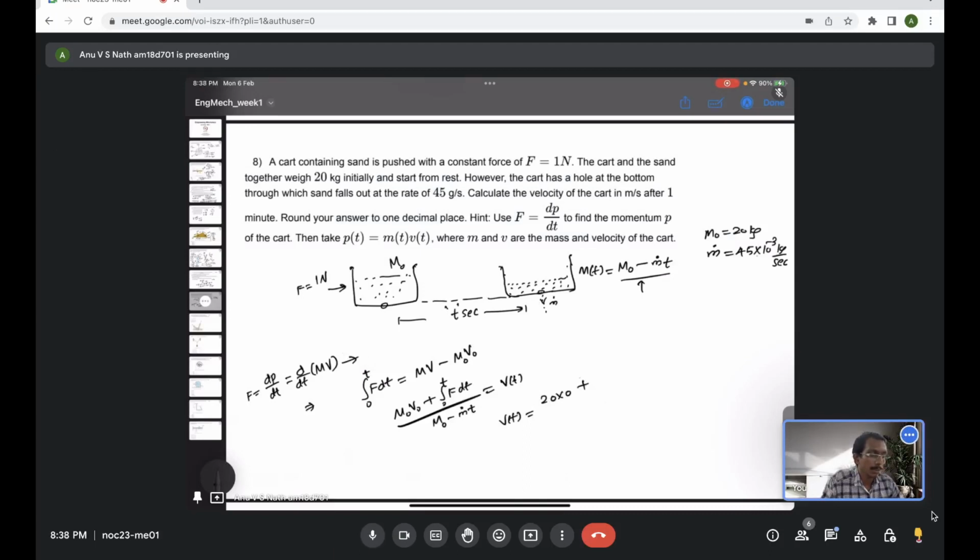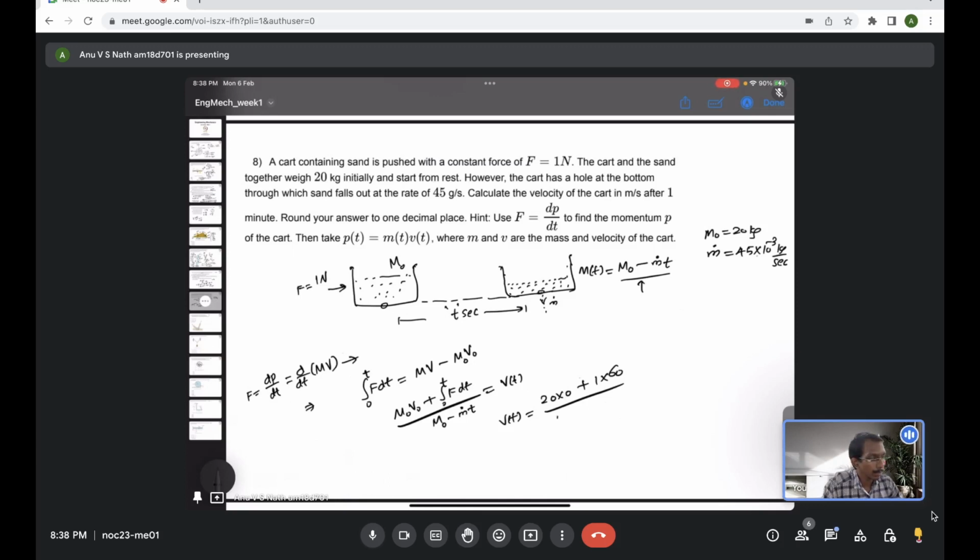Now F is a constant 1 Newton force, which I can take outside, 1 times the integral of dt from 0 to t, which is just t, given as 1 minute, so 60 seconds, the whole divided by m0 minus m dot times t, which is the mass at time t.